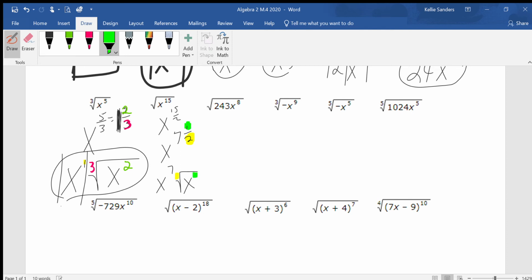The 1 is right here, but since the exponent is 1, you don't have to put it. But the 7 is odd, so we're going to put it in absolute values.